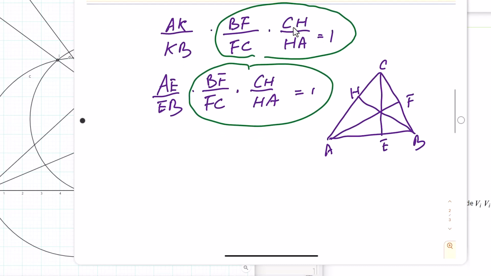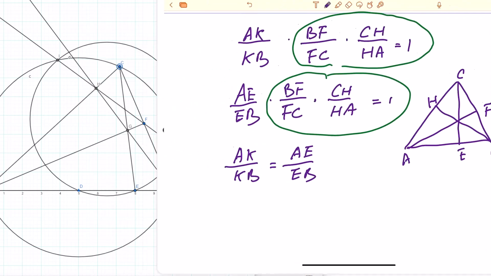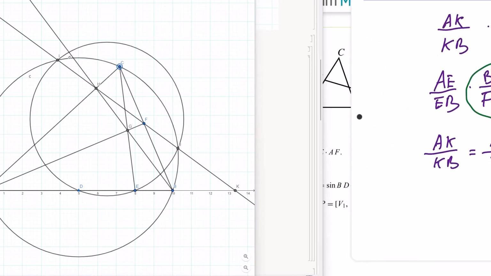So therefore, we have AK over KB equal to AE over EB. And this is exactly what we need for cross ratios.